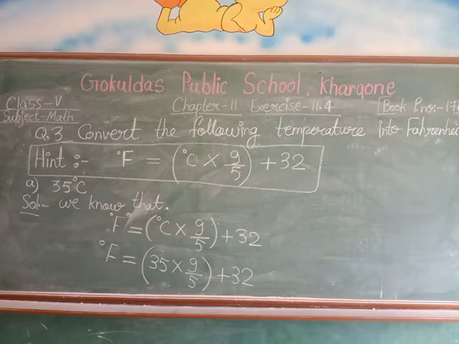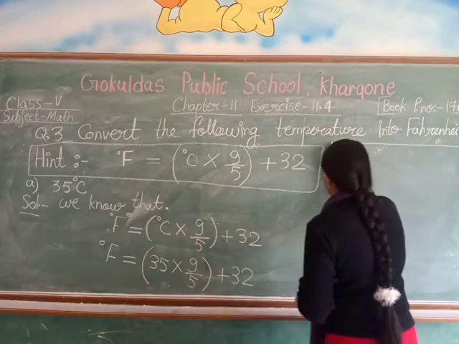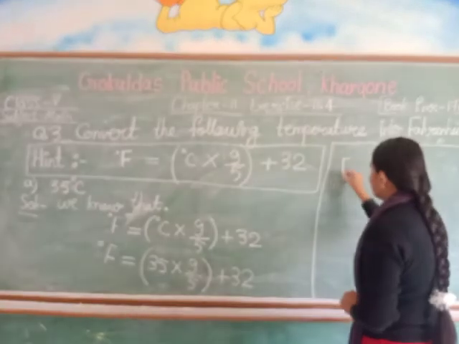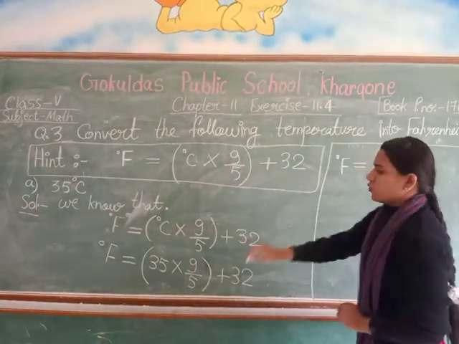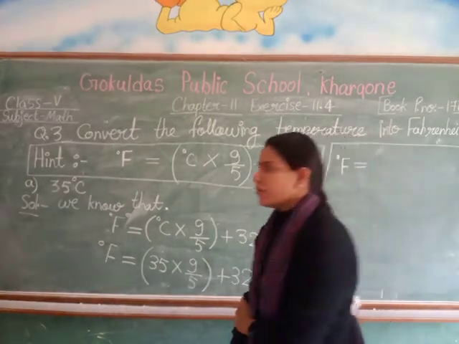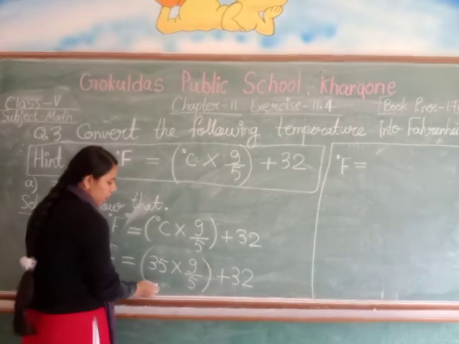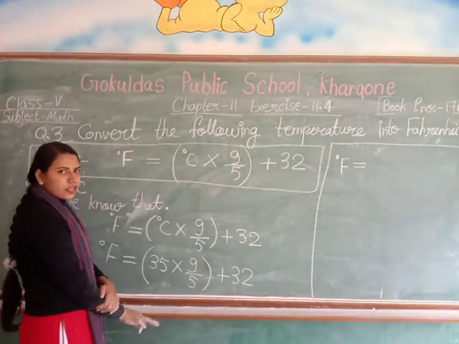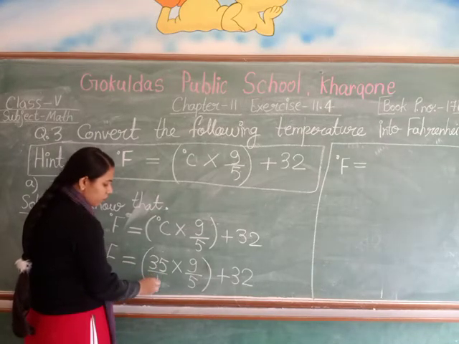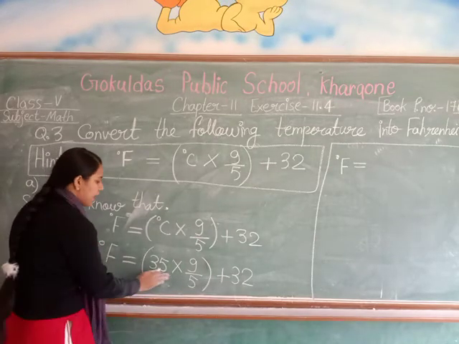Now as I don't have space here, I am solving the remaining question in this part. So degree F is equal to, now in the chapter of fraction what have we studied? We have studied that numerator gets multiplied with numerator and denominator gets multiplied with denominator. As here there is no number in the denominator, we always consider 1 in the denominator of each number, right?